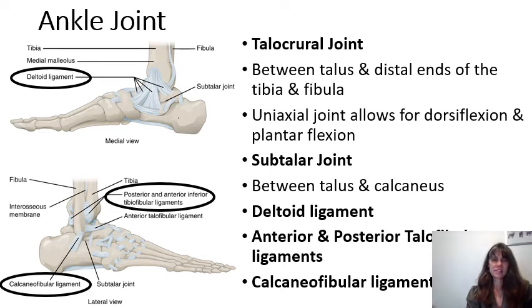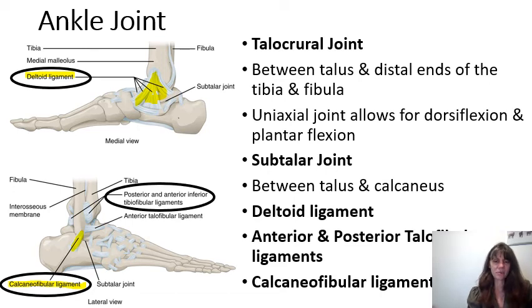With the ankle joint, we can see the deltoid ligament, which is a very, very strong ligament that looks like the Greek letter delta. This ligament prevents eversion of the ankle. On the lateral aspect of the ankle, there is a smaller calcaneofibular ligament going between the calcaneus and the lateral malleolus of the fibula.